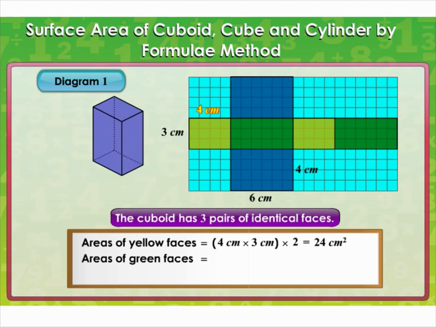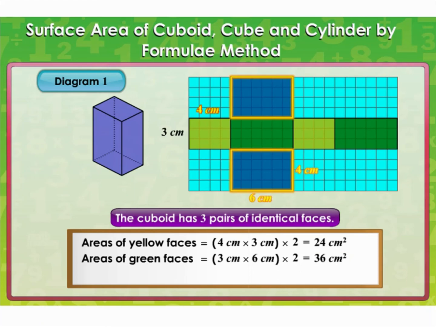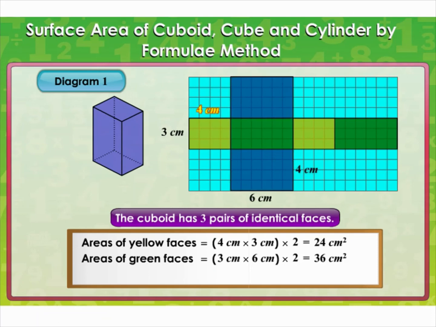The area of the green faces is 3 cm into 6 cm into 2, and this equals 36 square centimeters. And the blue faces measure 4 cm by 6 cm. The area of the blue faces is 4 cm into 6 cm into 2. This equals 48 square centimeters.